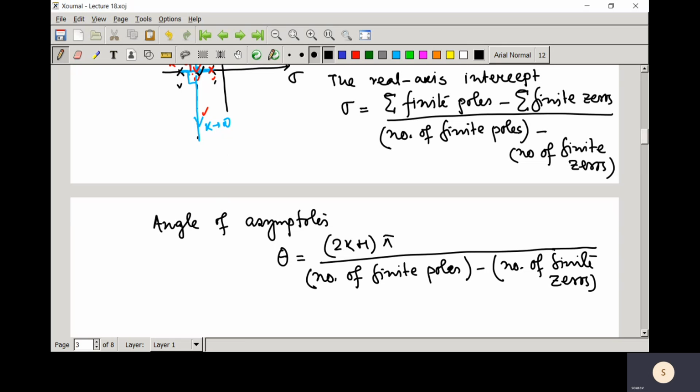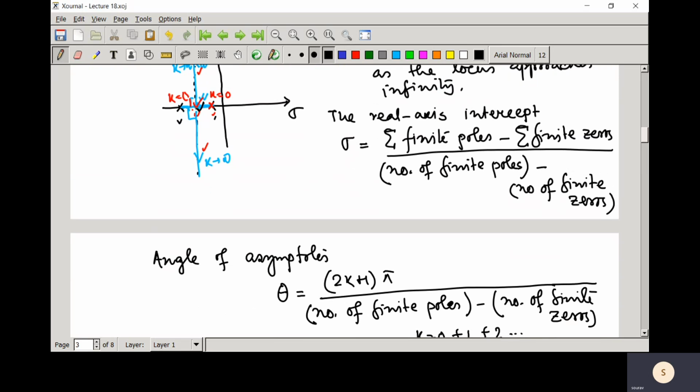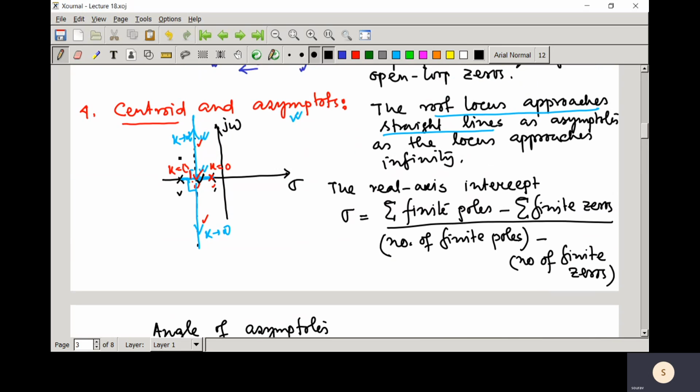Here k equals 0, plus minus 1, plus minus 2, and so on. Here you can see that the concept of asymptotes comes into the picture whenever k is tending to infinity and those asymptotes go to infinity. That means we are trying to understand, at very large values of k, what the qualitative locus of the closed loop poles would be.